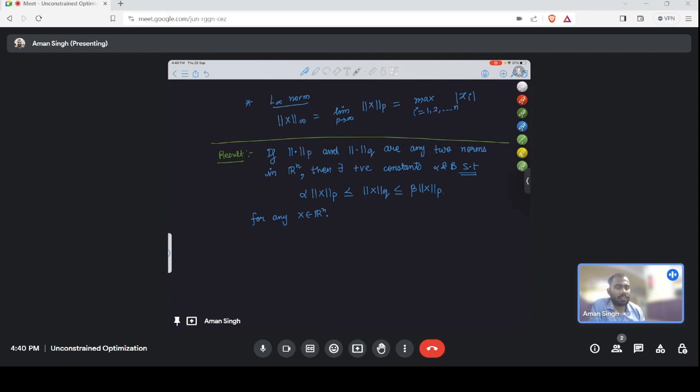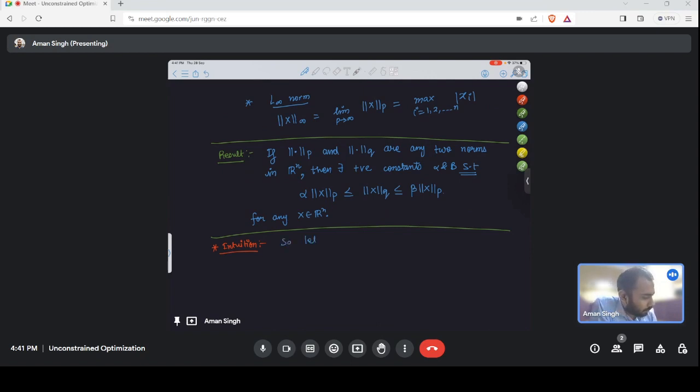Why is this result useful for optimization? We'll look into that. This is true, and we will not prove this result, but I'll try to give you an intuition why. Even if you do not get this intuition, we'll come back to this when we go deep into optimization. But it's good to have an idea of this beforehand so that you can keep thinking about it.